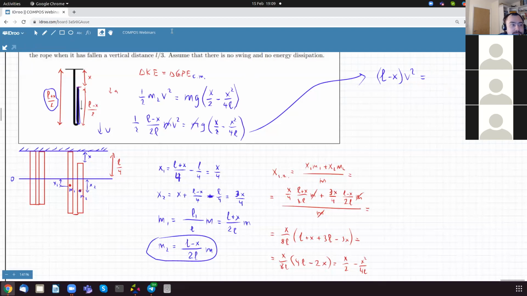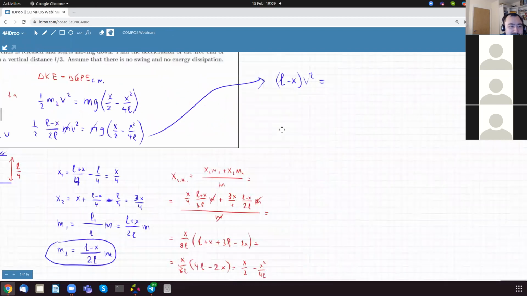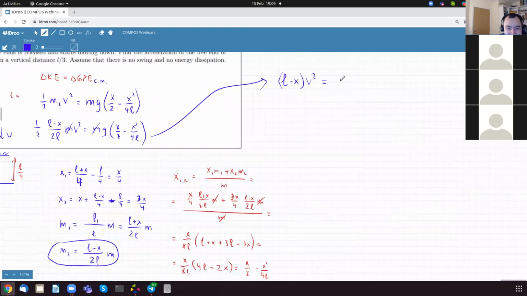Okay, I won't skip steps. It's 4lg x over 2 minus x squared over 4l. Opening the brackets, it's going to be 2lgx minus gx squared.